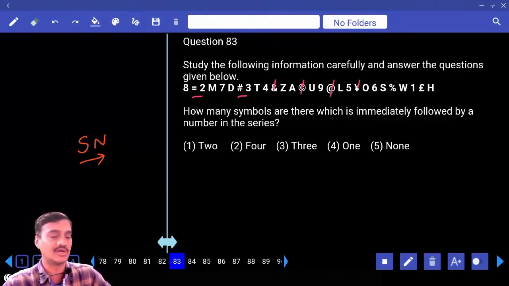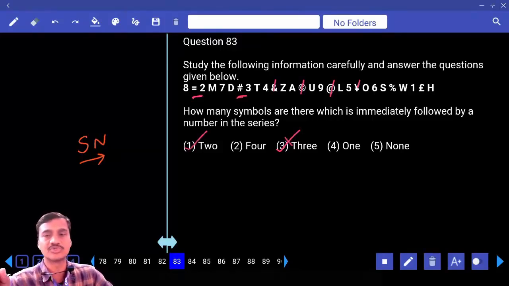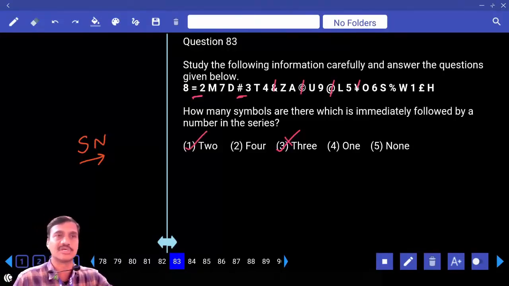So how many are there altogether? 3. That is choice 3, question number 83. Is that right? 83, symbol immediately followed by number. Now this is symbol followed by number, symbol followed, only 2, isn't it? Only 2 were there, that 2 is given in choice 1. There are only 2 such symbols which are immediately followed by numbers, choice 1.